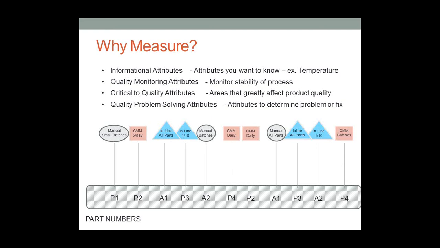Sometimes it could be vision stations and inline inspection devices where every part is measured, or 1 in 10 parts are measured. And it could be handheld devices where things are checked on the shop floor as the parts are manufactured and assembled.